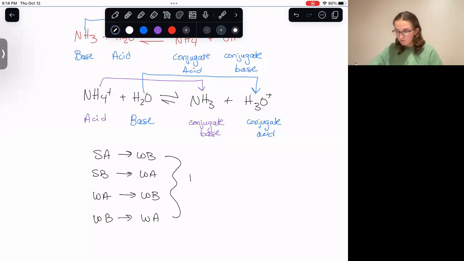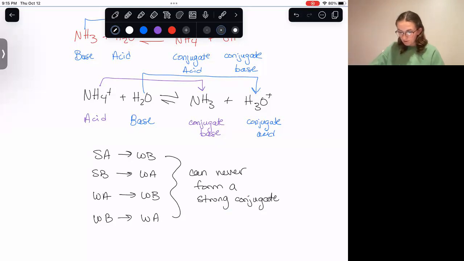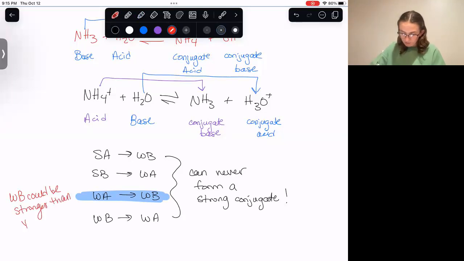You can never form a strong conjugate. Okay, you can form something that is stronger than your initial, right? So in this example here, your weak base could be stronger than your weak acid, but that does not make your weak base a strong base.